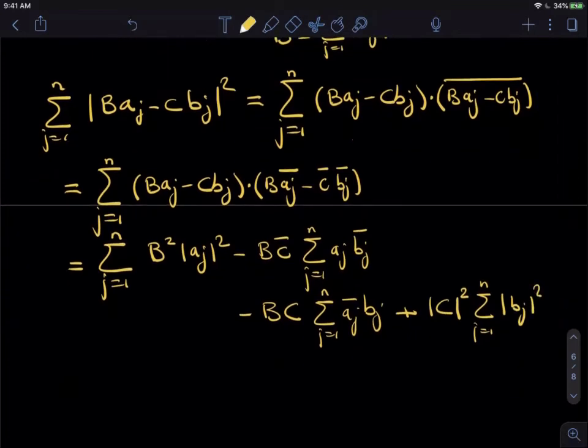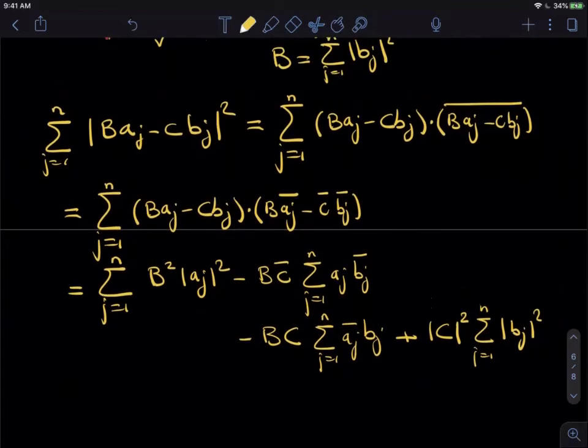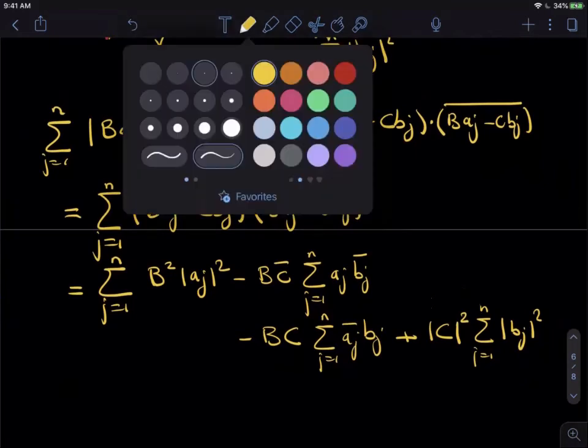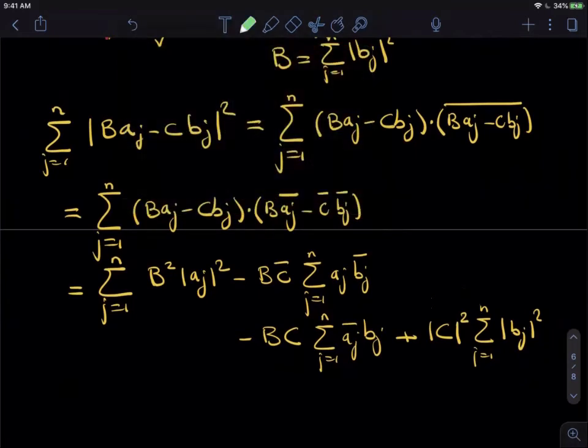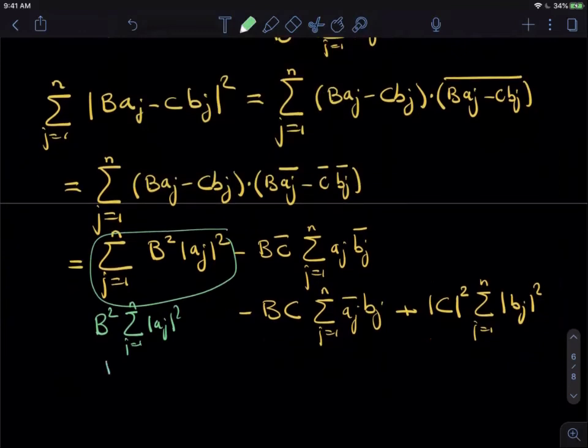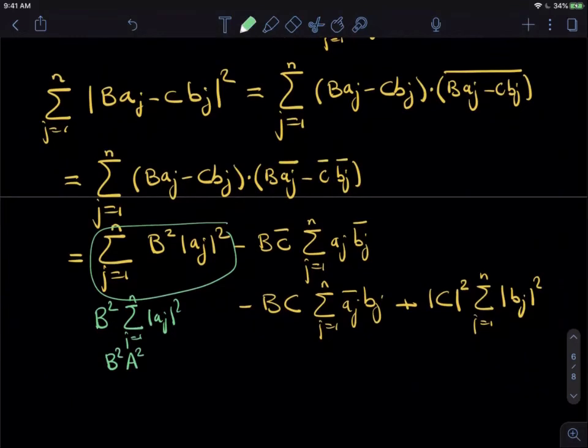So let's look at what we have. Looking at the first one, this is B squared times the sum of the AJ squared, J equal 1 to N. That is the definition of capital A. Sorry, not a square, A, there we go.